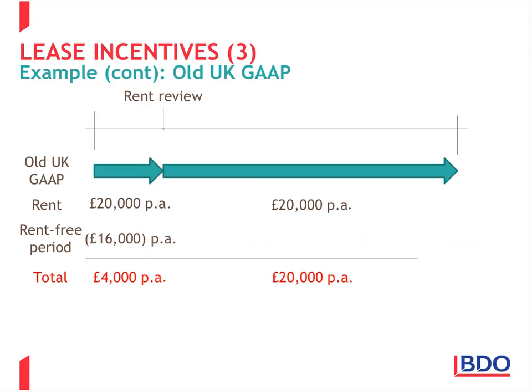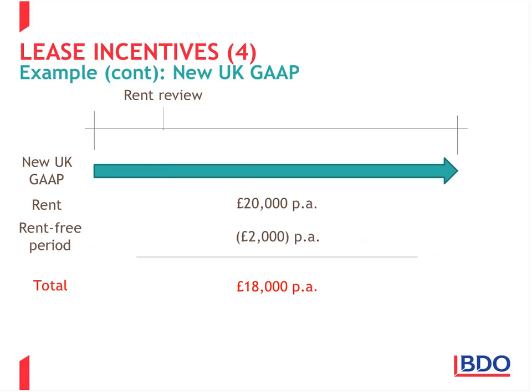Under old UK GAAP, the £16,000 incentive would have been dealt with over each of the years, giving a net deduction of £4,000 per annum in the period to the rent review, and the full rent being payable at £20,000 per annum thereafter. Under new UK GAAP, the rent was £20,000, the incentive is spread over 40 years, which is a £2,000 credit per annum, leaving rent of £18,000 in each of the accounting periods.